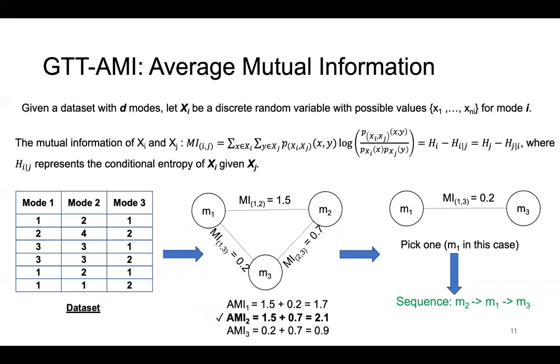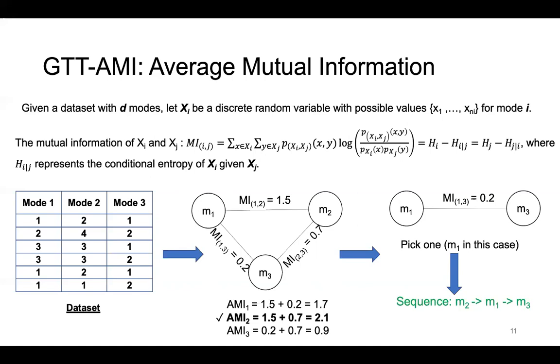So we first compare the mutual information within this mode. So in this example, we can see mode 2 has the path to mode 1 and mode 3. And the path to mode 1 and mode 3 has 2 mutual information.